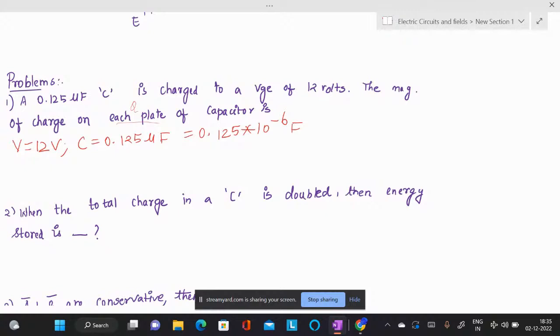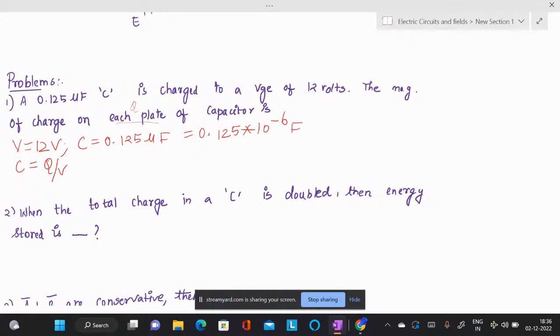Did anyone find the answer for this problem? If so, please post your answers in the chat box. Okay, so what is the formula for C? C equals charge by voltage. Charge by voltage will give you the C value.